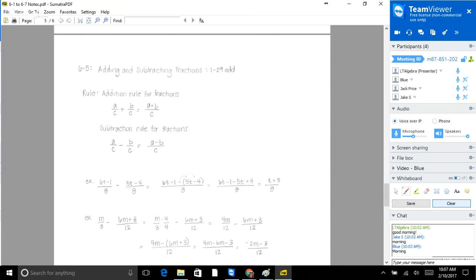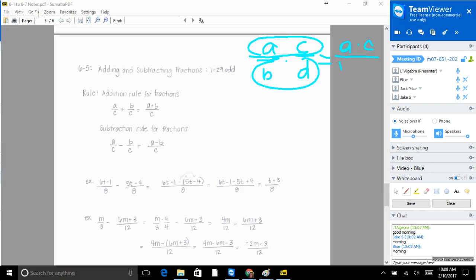If you're multiplying fractions, if you have A over B times C over D, you actually just multiply the numerators, so you do A times C, and then you multiply the denominators, B times D. So multiplying is actually pretty easy, right?